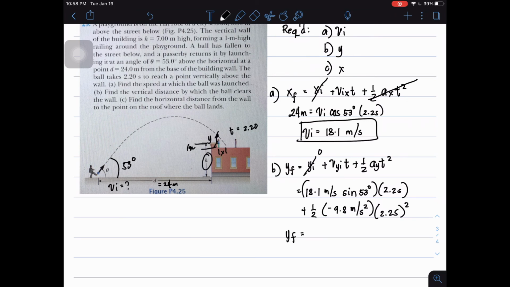So y sub f is equivalent to 1.13 meters.